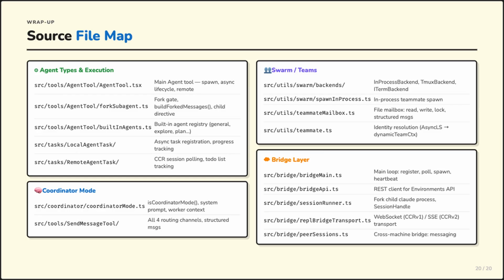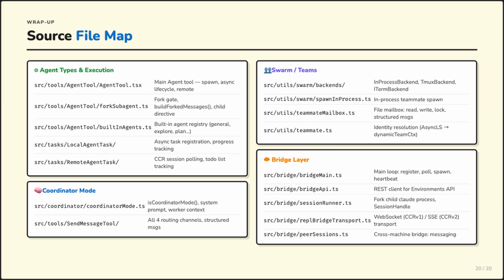If you want to dig into the source code, here's the map. Agent types live in src/tools/agent tool. The main tool, fork logic, and built-in agent registry. Task lifecycle is in src/tasks. Coordinator mode is in src/coordinator. Send message routing is in src/tools/send message tool.